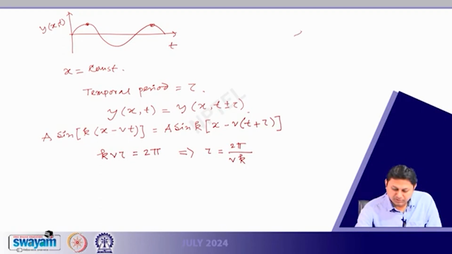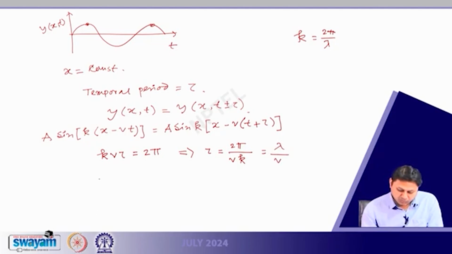But we already know that the value of k is 2 pi divided by lambda. So if I put this value, I'm going to get simply lambda divided by v. So tau is lambda divided by v, that is the amount of temporal period one has.